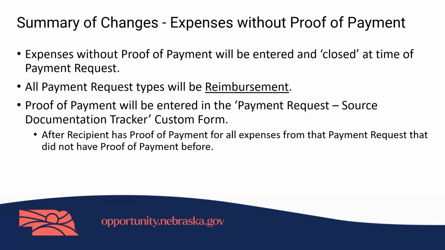Now we're going to have you enter those expenses when you are doing your payment request, and they will be closed with your payment request. You're essentially marking whether they do or do not have proof of payment for all your expenses, which will be a required field, so it'll be pretty obvious if you're not doing it right.